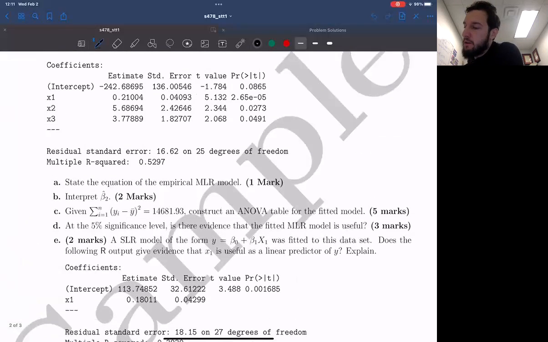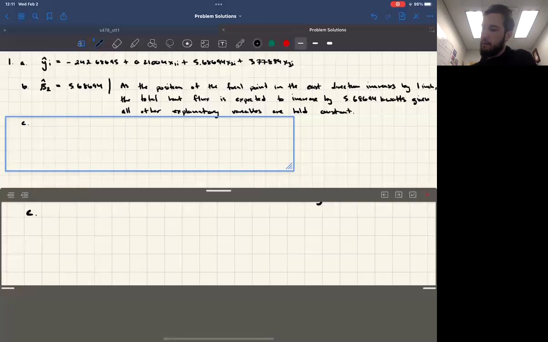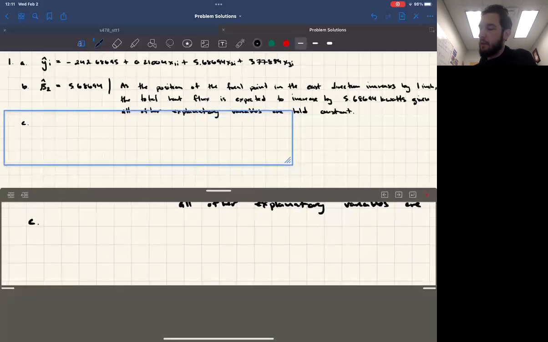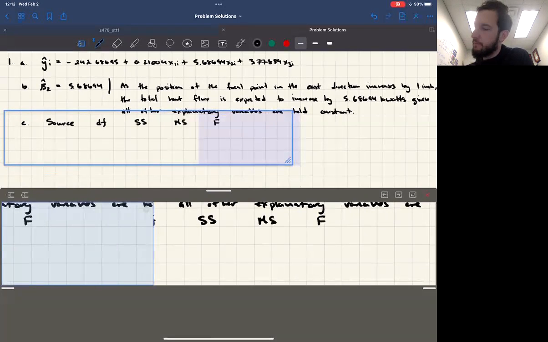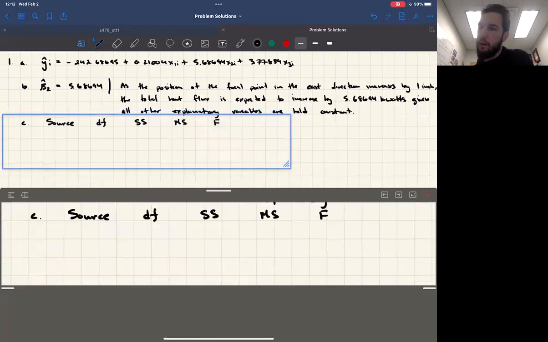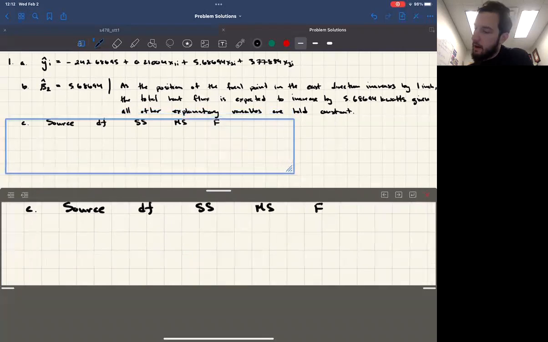So we are going to build an ANOVA table using only what's given to us in the output, which I think is kind of a neat problem because you can really see the connection between these. So an ANOVA table, if you don't remember, can be structured as follows. We have source, degree of freedom, mean square, and F. We're not going to worry about the p-value, but we could include the p-value.